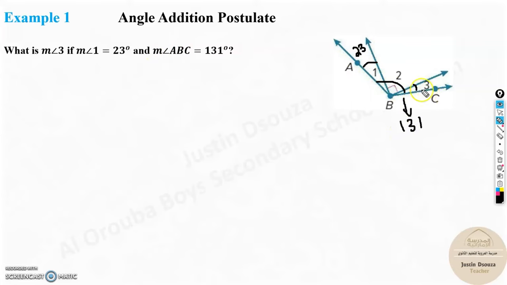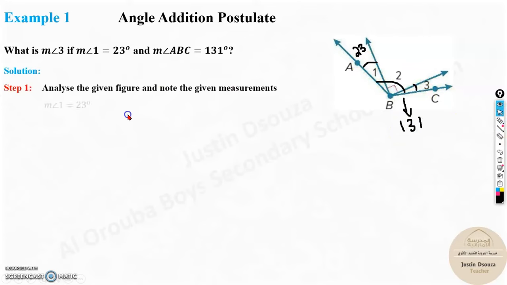Now how do we find angle 3? Looking carefully at the figure, measure of angle 1 is given, but what about angle 2? This is 90 degrees, it's mentioned over here. So that is very important. It is 90 degrees. And then we have the total angle 131.